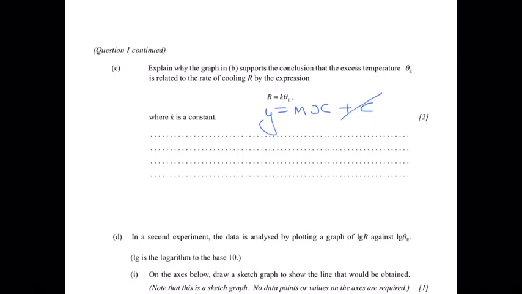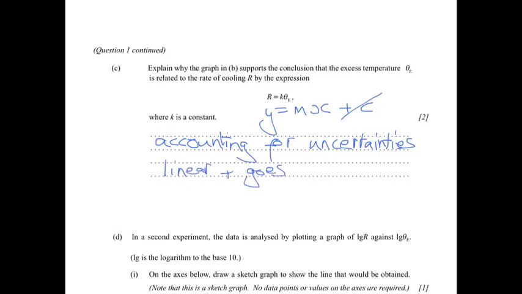The data points alone don't appear to be going through the origin, but accounting for the uncertainties, the data could well go through the origin. So accounting for uncertainties, we have a linear fit and it goes through the origin, which verifies that relationship.